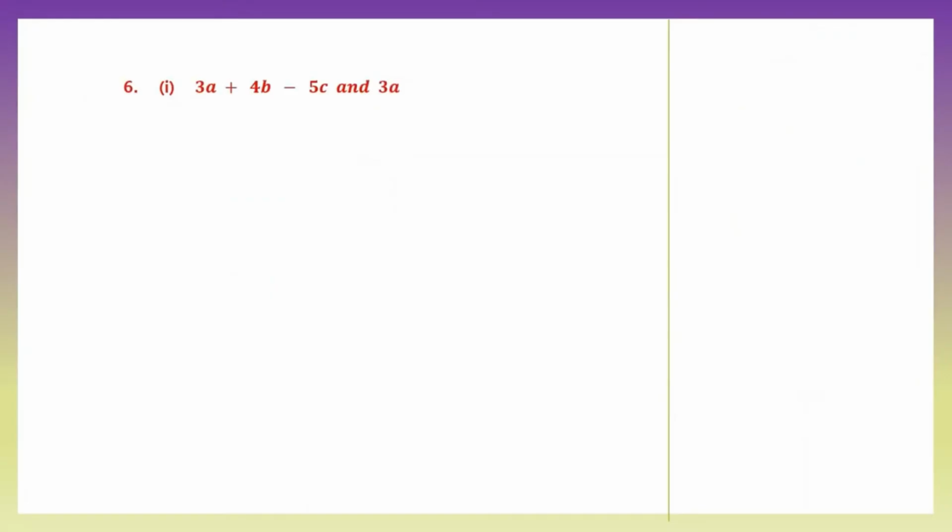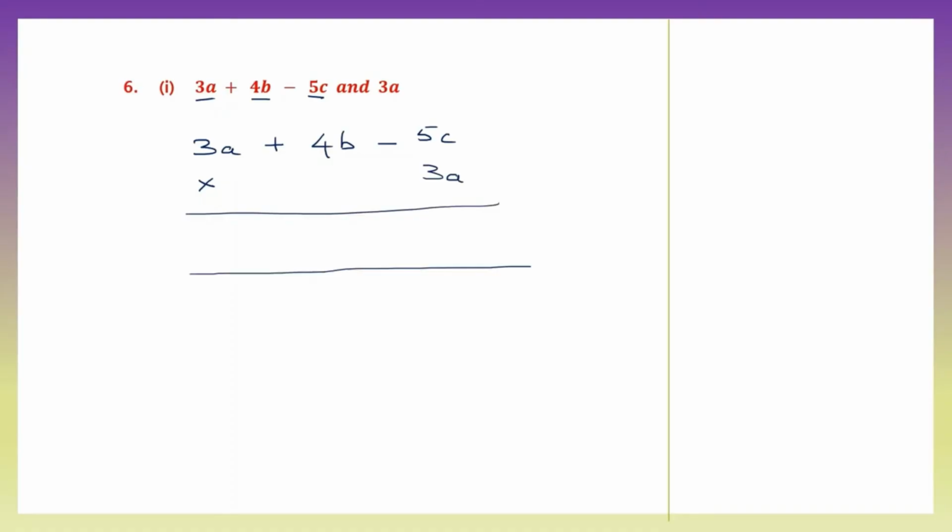Question 6. Here we have a trinomial, 3 terms, 1, 2, 3. We have 3 terms, we're multiplying it by a monomial. So let's start. 3a plus 4b minus 5c into all this into 3a. Okay, so let's do it. So first we multiply 3a into 3a.